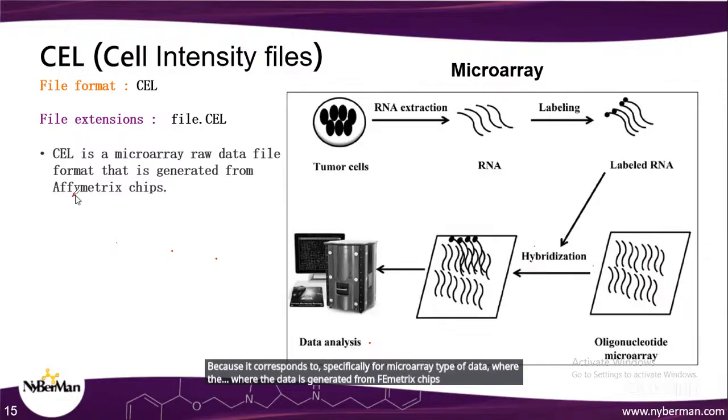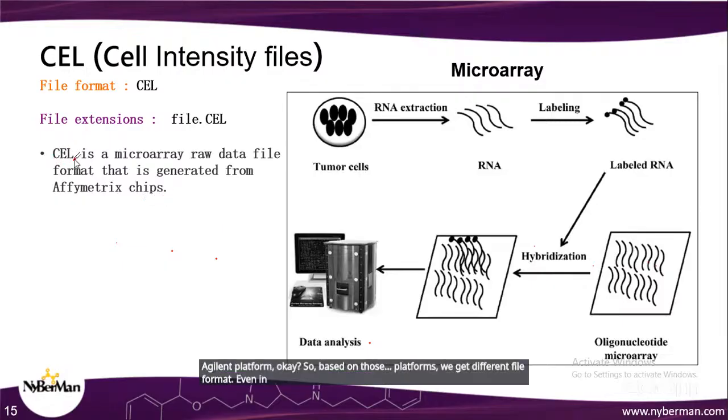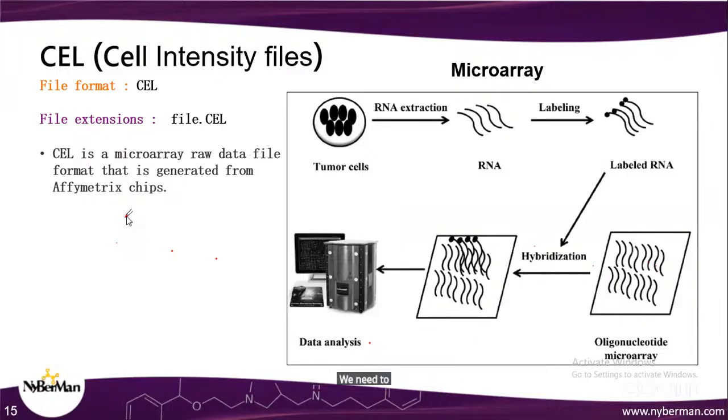There are different platforms in microarray itself, like Affymetrix, then there is the Agilent platform. Based on those platforms, we get different file formats. Even in microarray, we have different file formats. Apart from CEL, we have the GPR file format. We will see when we are doing analysis or retrieving data how to check which file we need to use and when to use it.